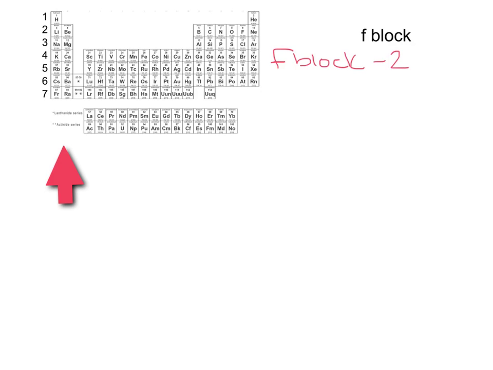And so what this means is, see how 57 really fits in there, and that's the 6th energy level? This is not 6f. Because we have to subtract 2, this is really 4f. So the 4th energy level has an S, which is right here. The 4th energy level has a P, which we know is right here.